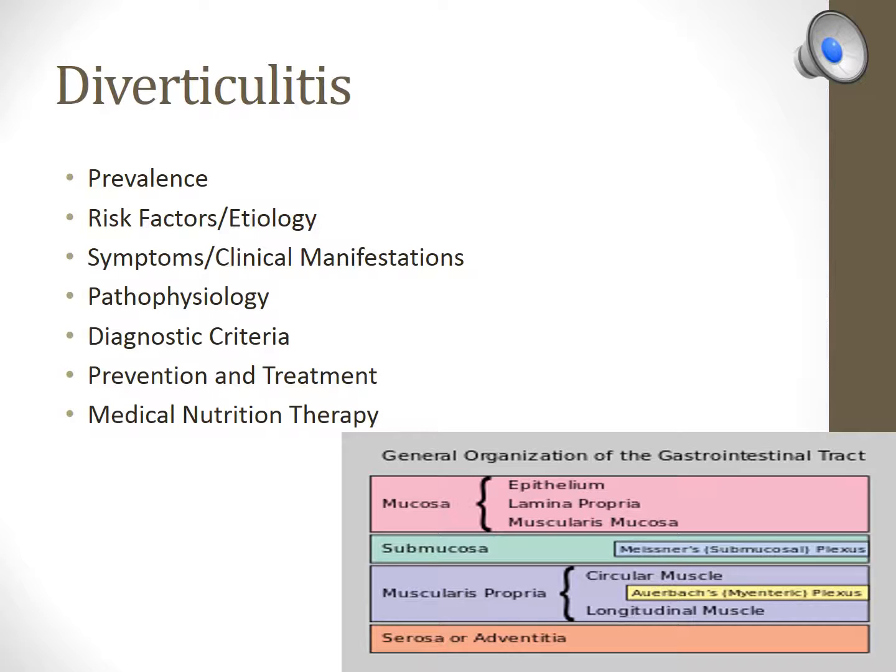The ultrasonography scan presents on the ultrasound as a thickened loop of bowel with a target-like appearance. So it literally looks like a target. And like I said, physicians are always looking for the classic signs of left lower quadrant pain, fever, and leukocytosis.